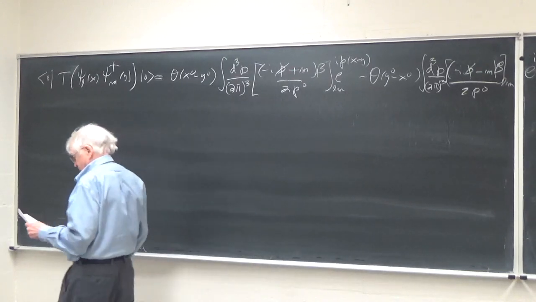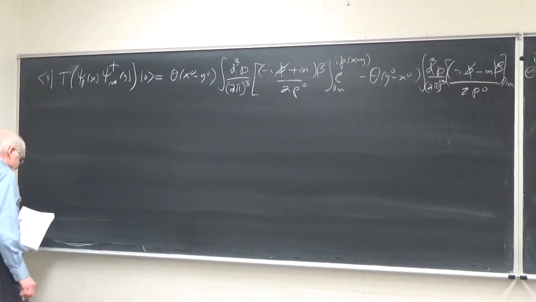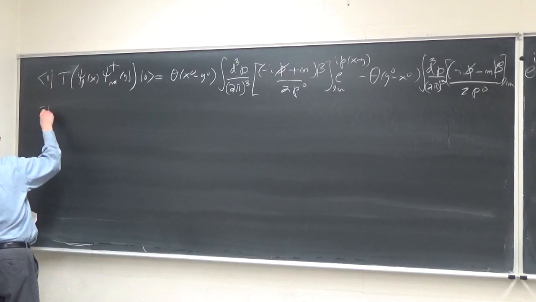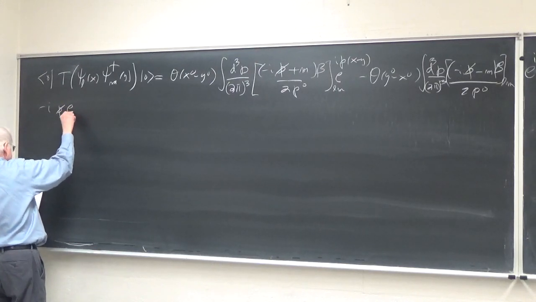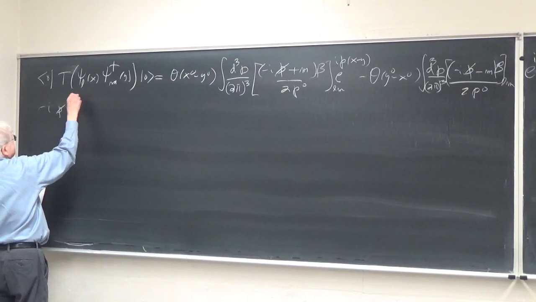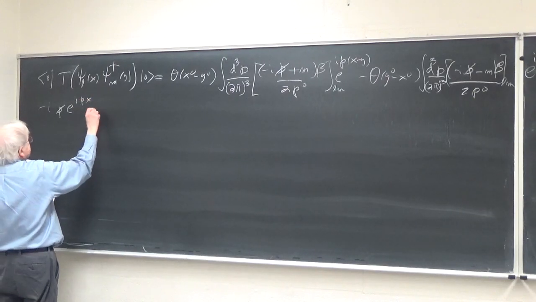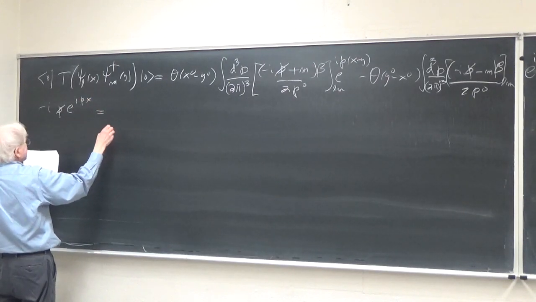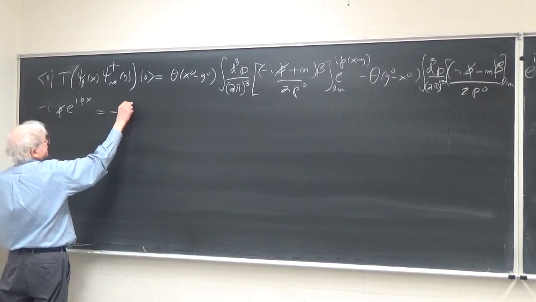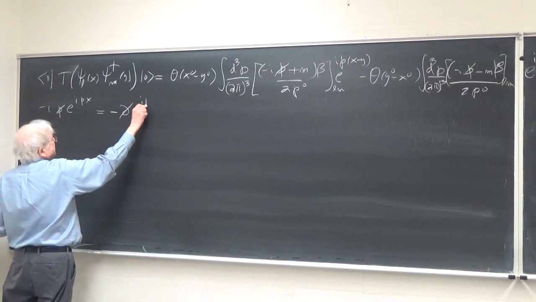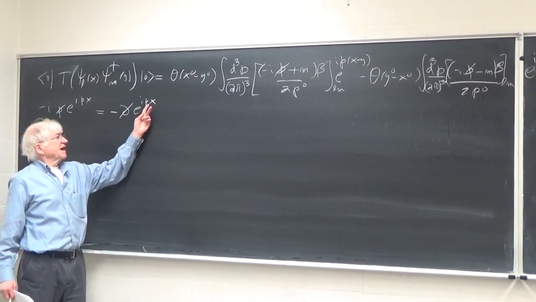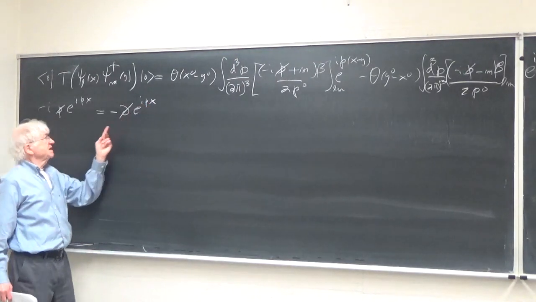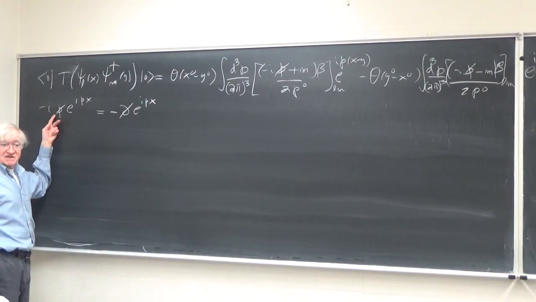Now, of course, minus i p-slash e to the i p x is the same thing as minus d-slash e to the i p x, because the derivatives bring down i p, and so you get minus i p-slash.